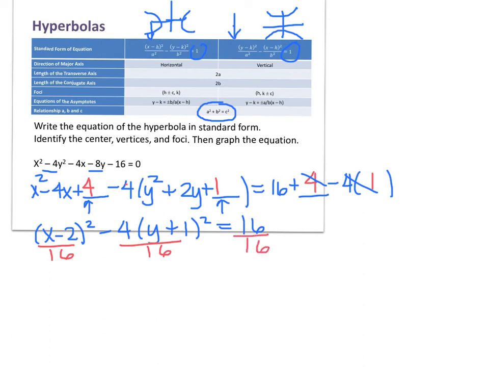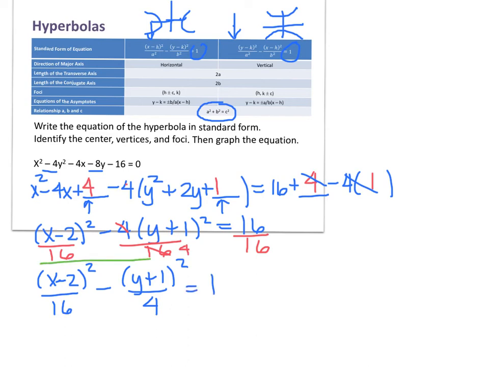So our final equation is going to look like x minus 2 squared over 16 minus y plus 1 squared over 4, because 4 goes into 16 4 times, and that all equals 1. So there's my equation in standard form.